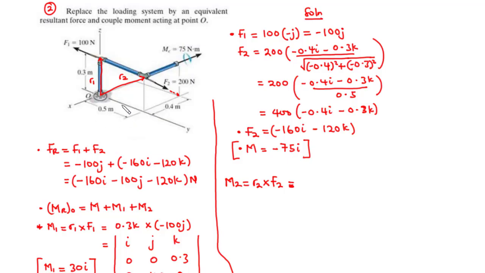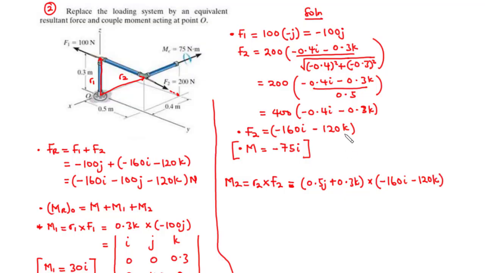Now in all cases we are moving away from point O, that is why we have positive values. So we have r2 to be 0.5j plus 0.3k cross F2, we have negative 160i minus 120k.